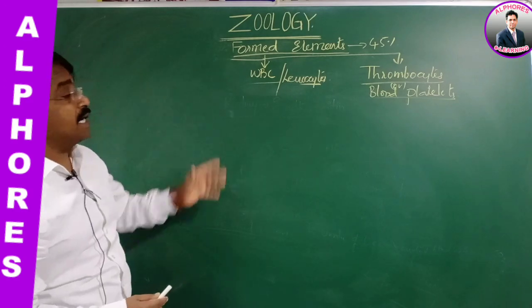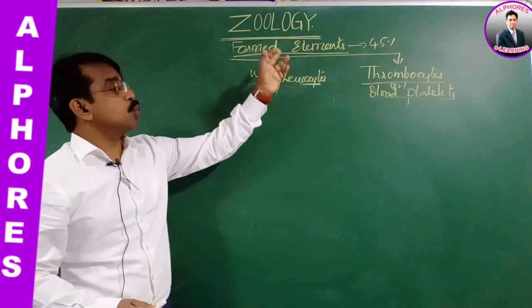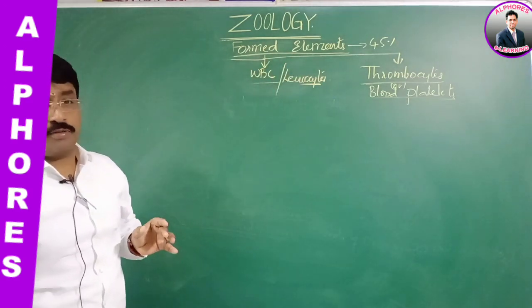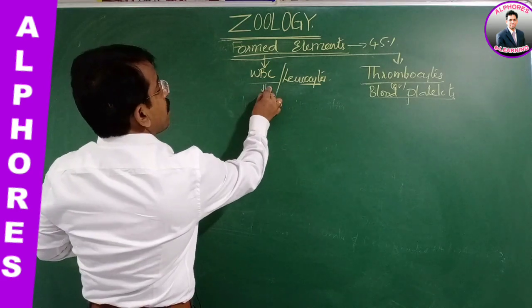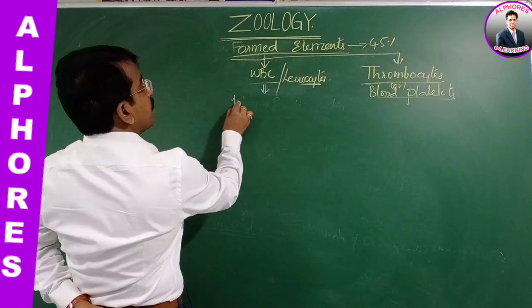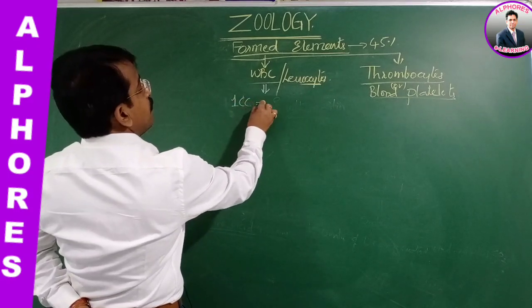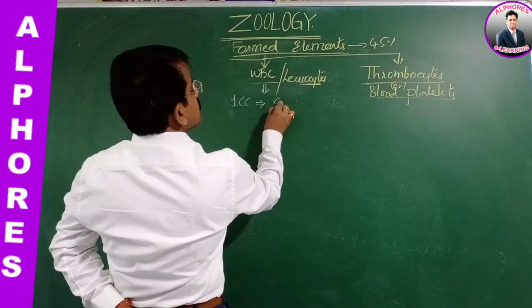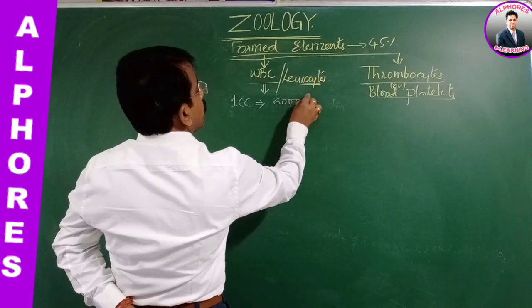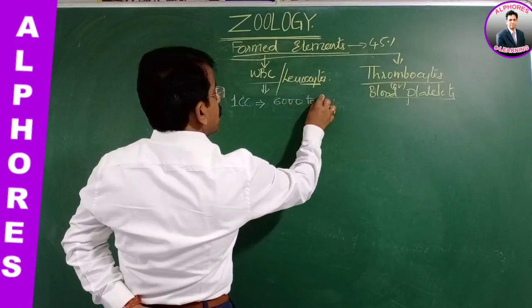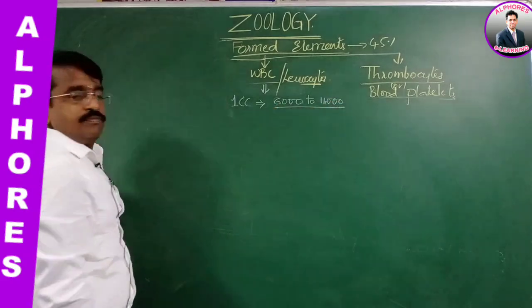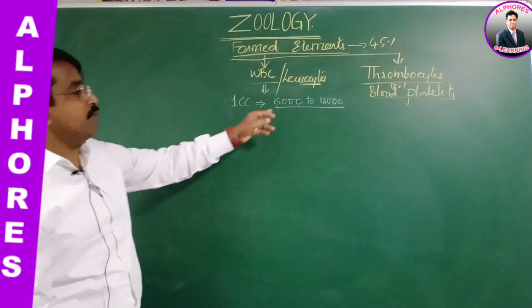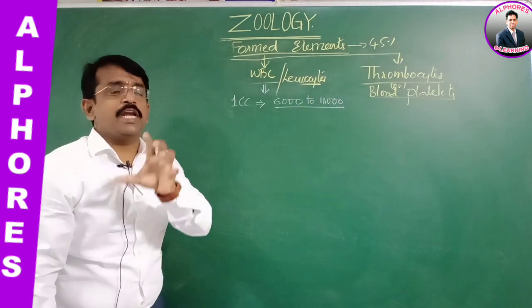This is the reason why they are colorless leukocytes. Generally, the WBC number per cubic millimeter of blood varies from 6,000 to 9,000, or it can also be 11,000. We see a variation from 6,000 to 11,000.